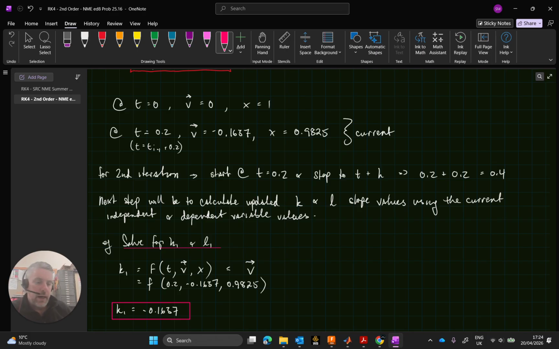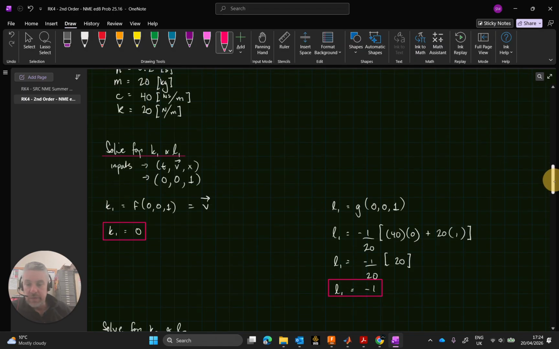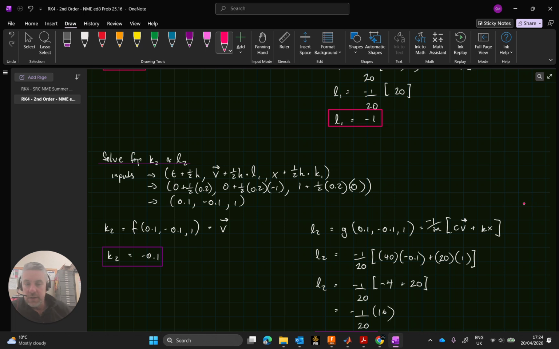All right, and that will take us along the same sort of workflow as what we'll have here, K2 and L2.